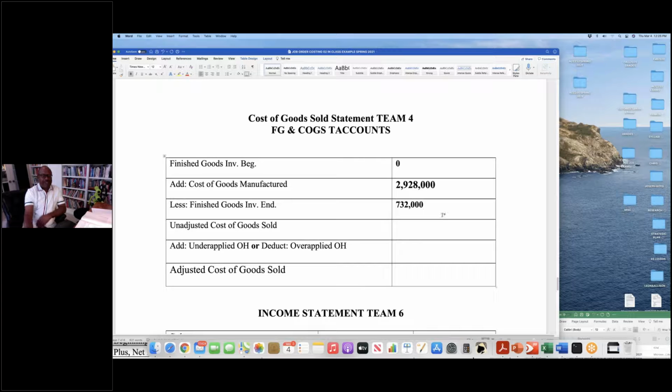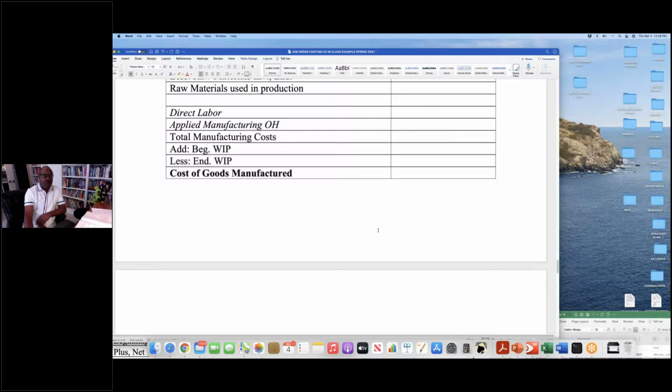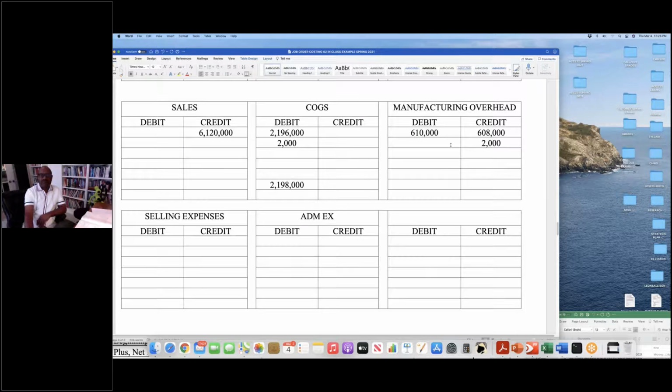So that gives us an unadjusted cost of goods sold of 2,196,000. We were under applied by 2,000. So are you going to add or subtract? We're going to add it. And that gives us 2,198,000. And once again, you can go to your T account as a check number.